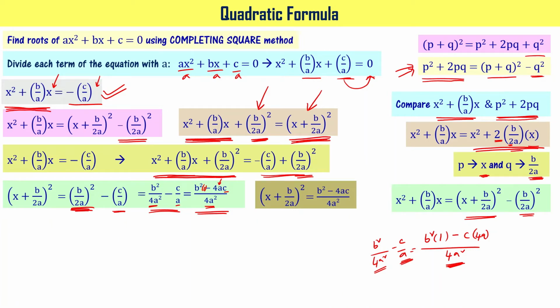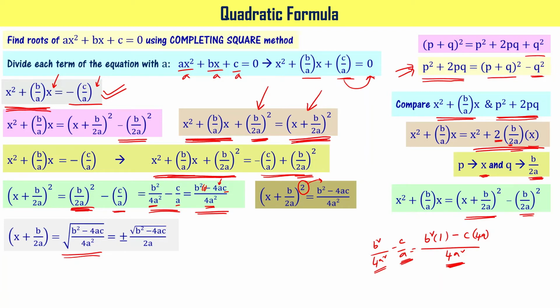Now I can say that x plus b by 2a whole square is b square minus 4ac divided by 4a square, right? Now let me take this power 2 to the other side so that it becomes square root on the other side, right? x plus b by 2a equal to square root of b square minus 4ac divided by 4a square, right? Now let us separate the root for both numerator and denominator separately.